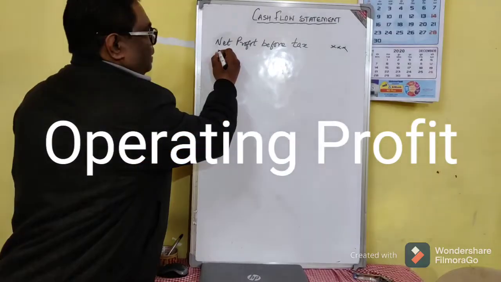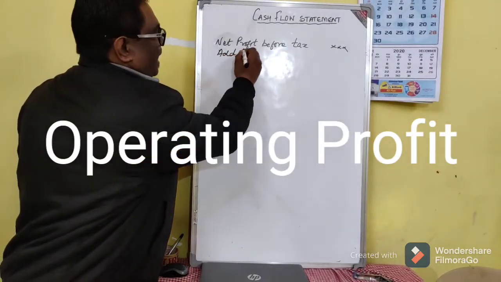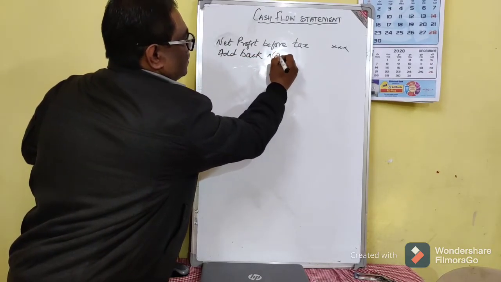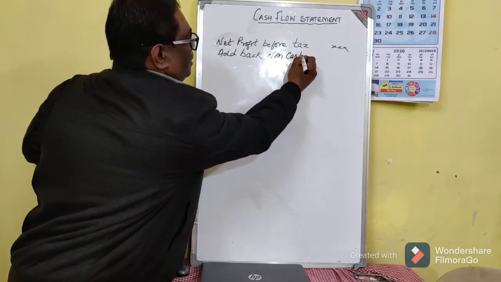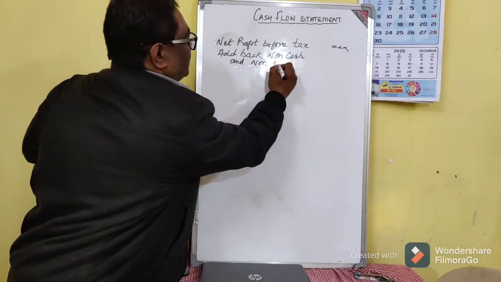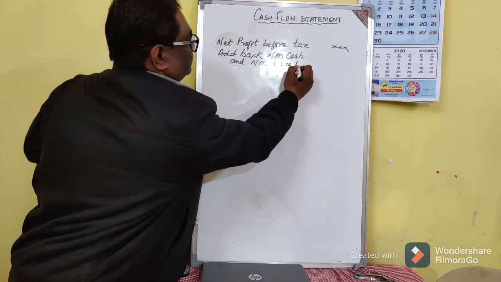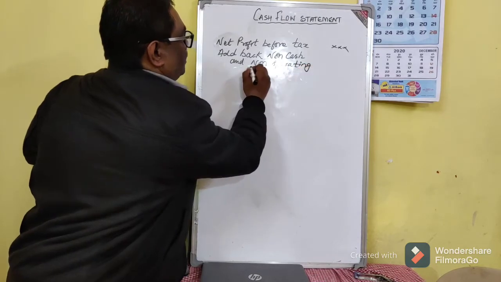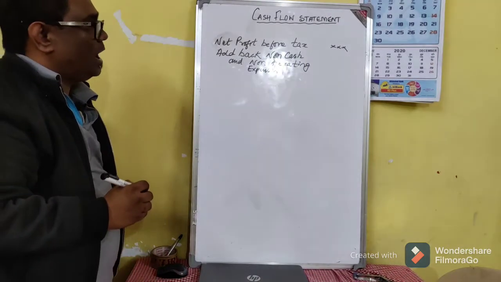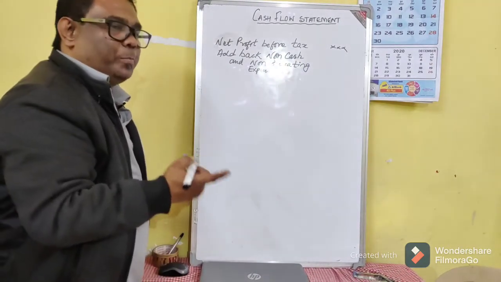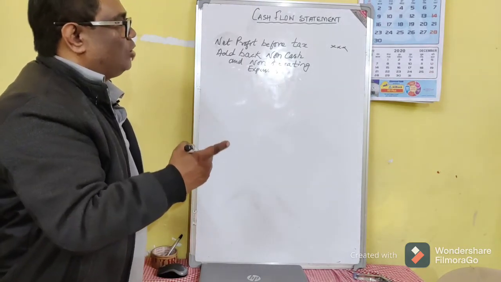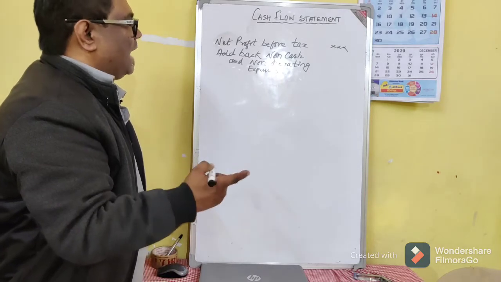Now to arrive at operating profit, from net profit before tax, add back non-cash and non-operating expenses.